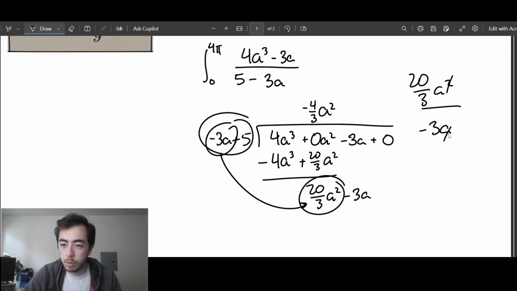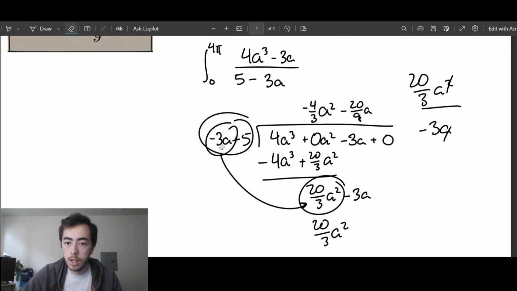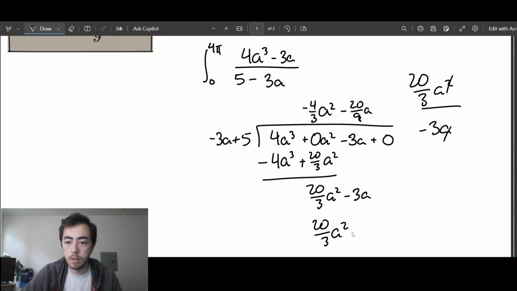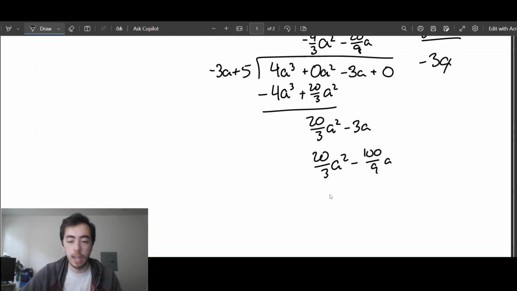And then I'm left with, looks like, negative 20/9a. When I multiply this in, I should get precisely 20/3a squared. Multiplying that by a 5, I'm going to get negative 100/9a. And then subtracting the terms away, these cancel.